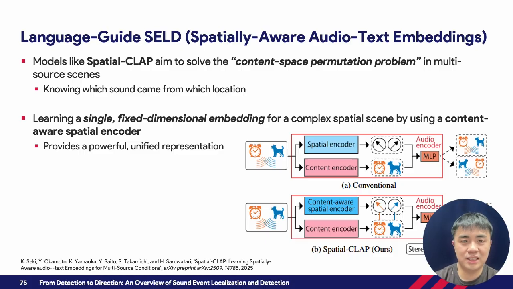So Spatial CLAP does this by learning a single fixed-dimensional embedding that represents the entire complex spatial scene. It uses a content-aware spatial encoder to fuse the what and where into a unified representation. And this holistic embedding is powerful for tasks such as spatial audio retrieval, and in the future, it could serve as a much more efficient and comprehensive input for language models.